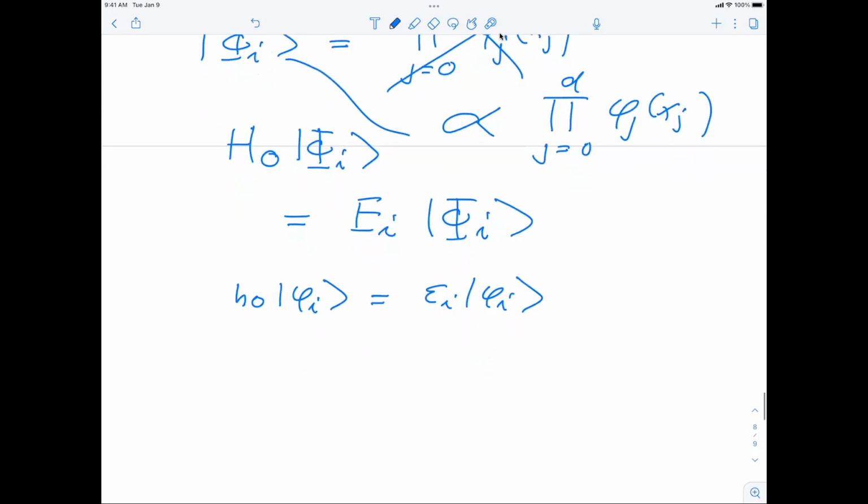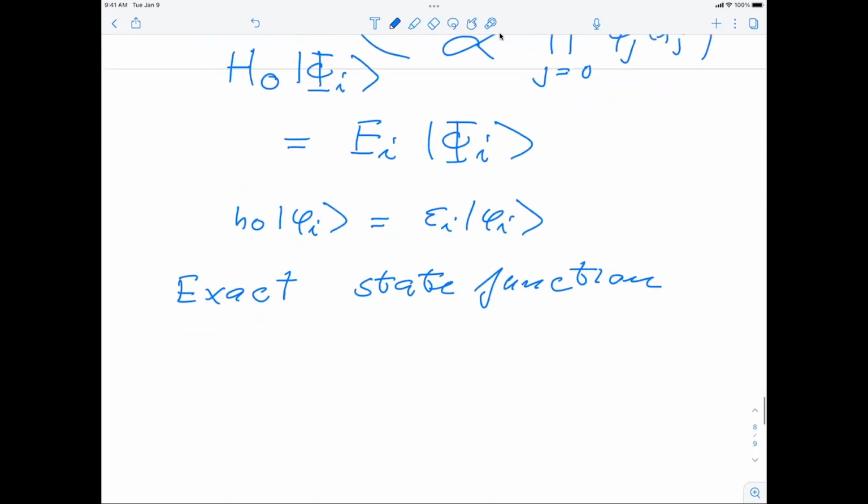So that means that the exact wave function, or state function, where we take the full Hamiltonian, multiply with a psi, and now we can look at a specific state k.